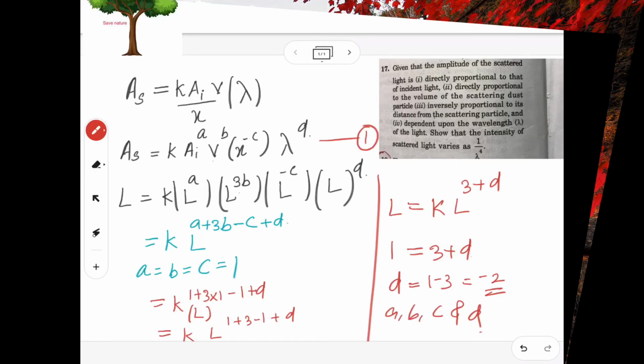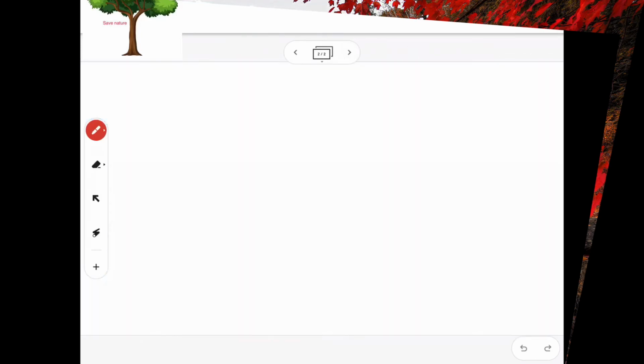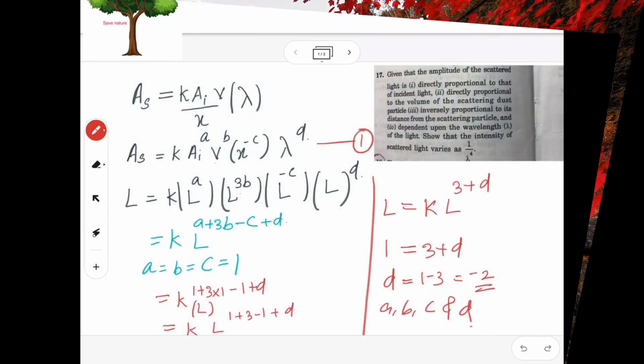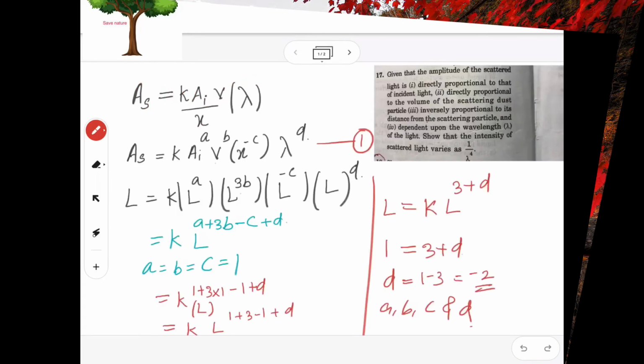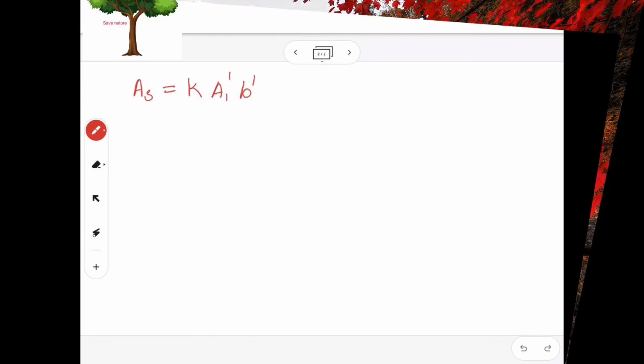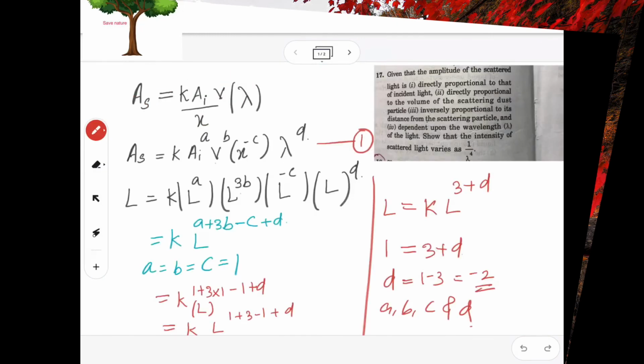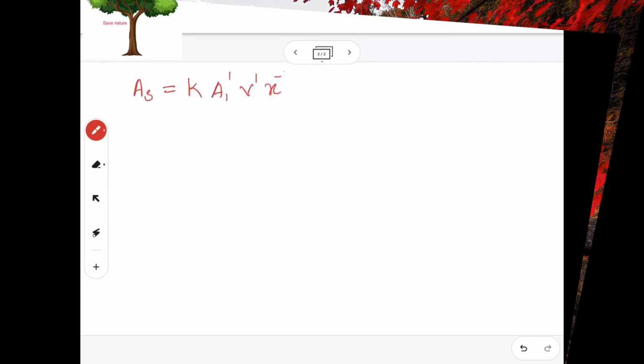So AS equal to K times AI raised to 1, V raised to 1, into x raised to minus 1, into lambda raised to minus 2.